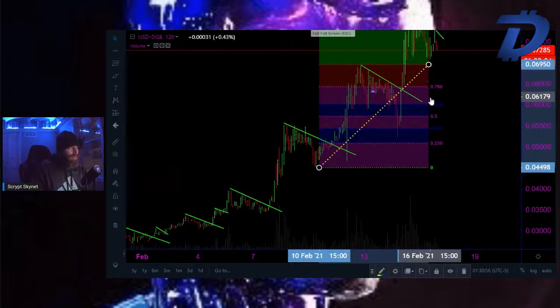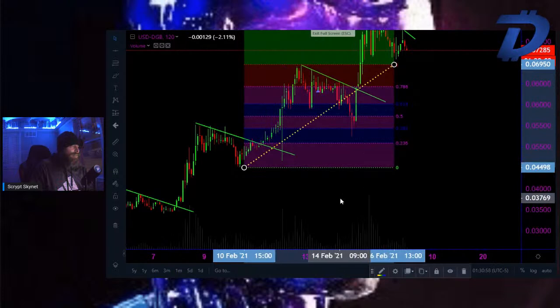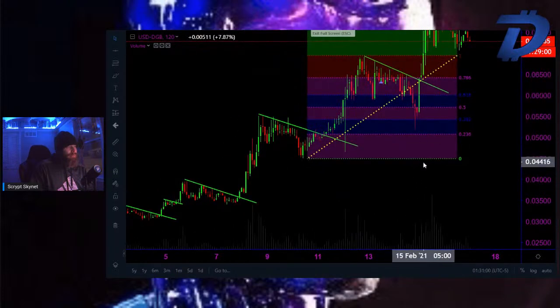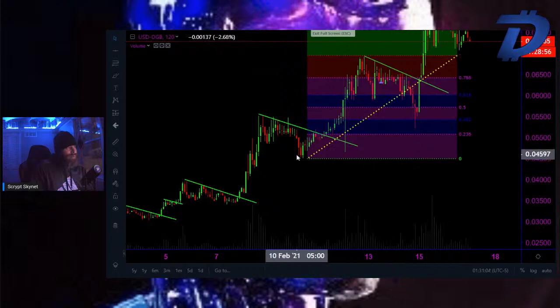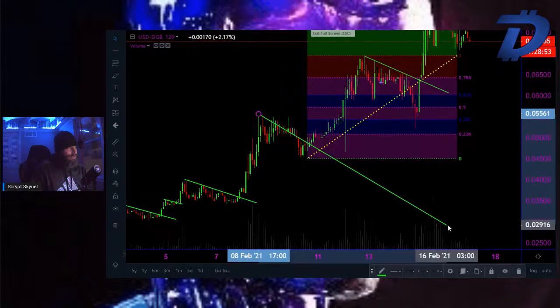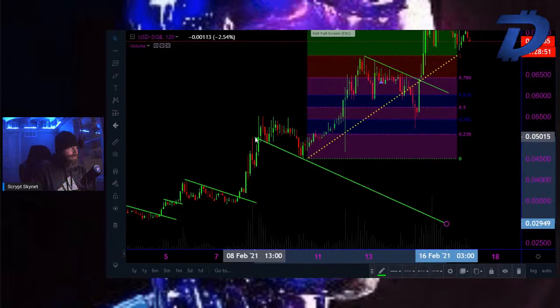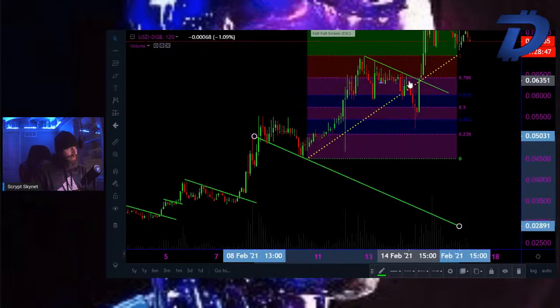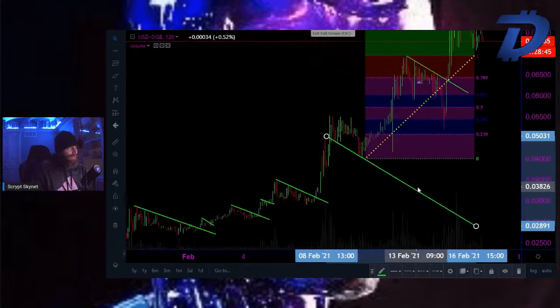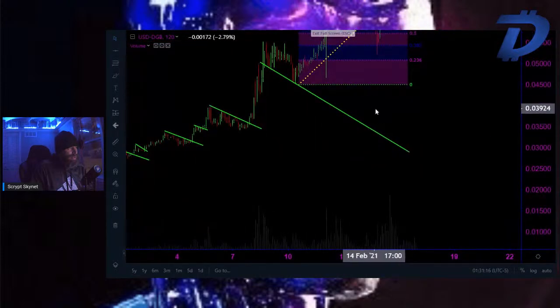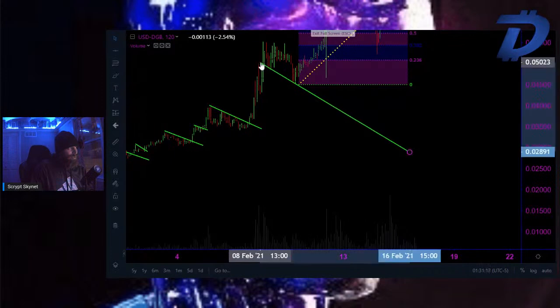Because we were falling so fast, and if it fell through here and through this range and made a lower low from here, it was going to continue to crash. I mean, look at the trend line downwards.